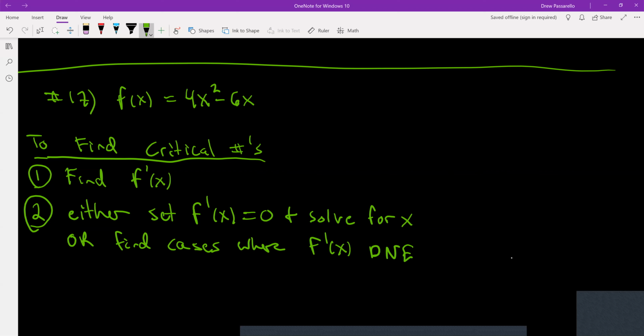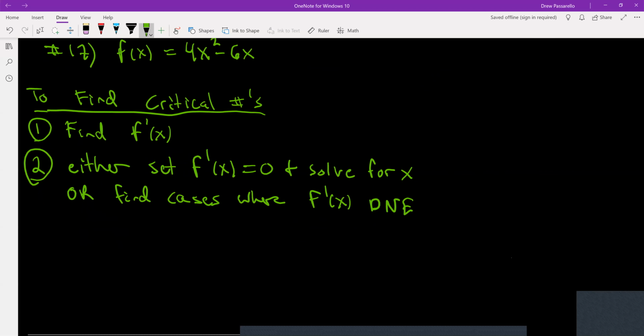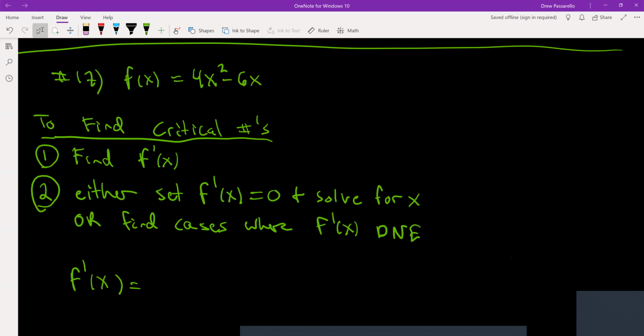All right, so for number 17, f of x is equal to 4x squared minus 6x. So what we need to do is find the derivative. So f prime of x, again, it's 4x squared minus 6x. So we do 4 times the derivative of x squared. Derivative of x squared is 2x.